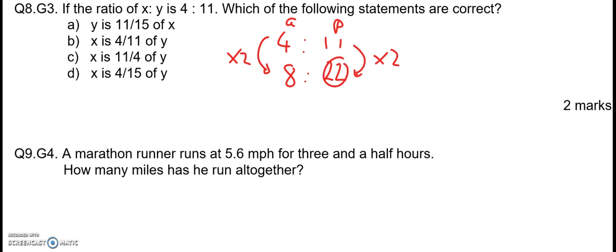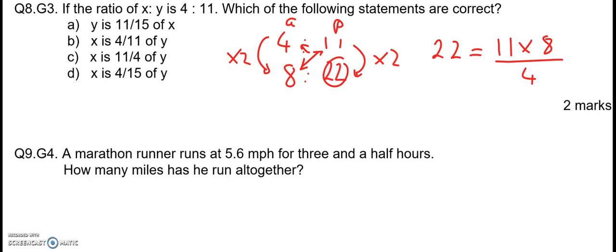So looking at these numbers, 11, 4 and 8, what can I do to them? So I can get 22 by multiplying 11 by 8 and then dividing the answer by 4. So multiplying across and then dividing.